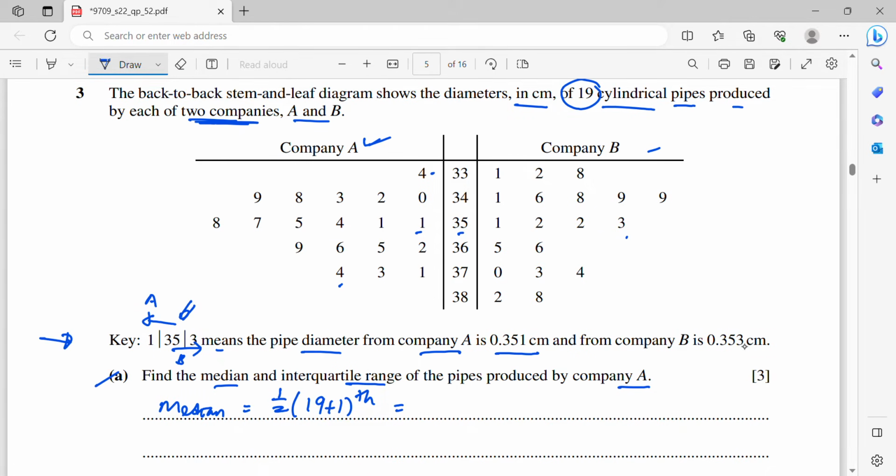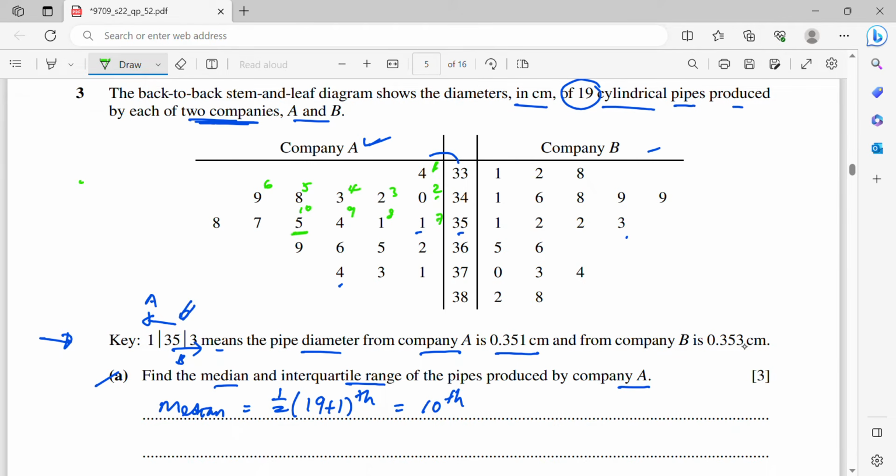Because 19 plus 1 is 20, and 20 divided by 2 is 10. So the 10th reading is my median. The smallest is 0.334, so we read 1. I will just use green color: 1, 2, 3, 4, 5, 6, 7, this is number 1, 2, 1, 2, 3, 4, 5, 6, 7, 8, 9, 10.